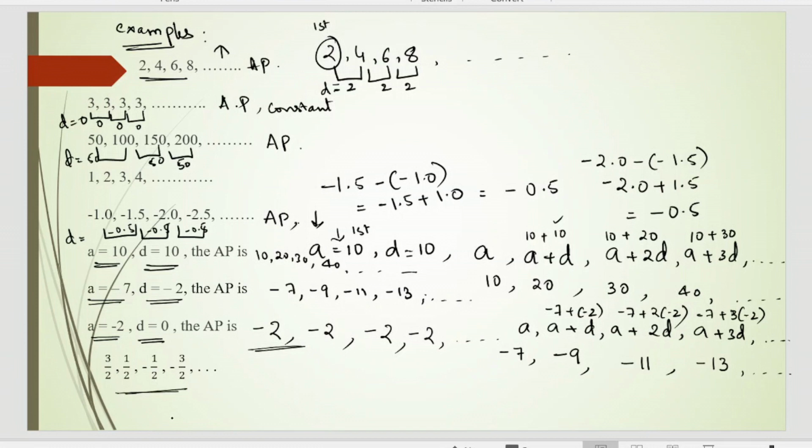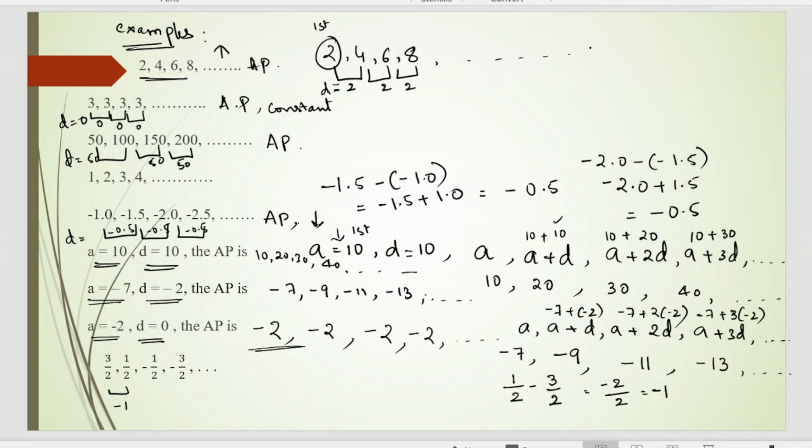Now see the last example. How can you say this is an AP? If the common difference is constant, we can say it is an AP, right? Now let us find the common difference. Which is 1 by 2 minus 3 by 2. Okay. This is minus 2 by 2, which is minus 1. Here you are getting the common difference as minus 1.